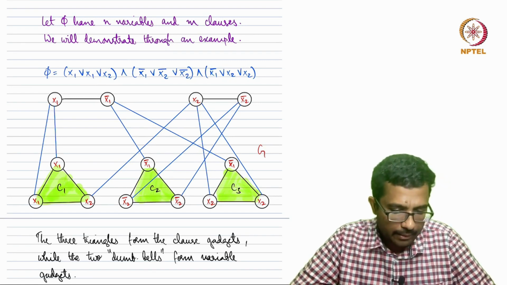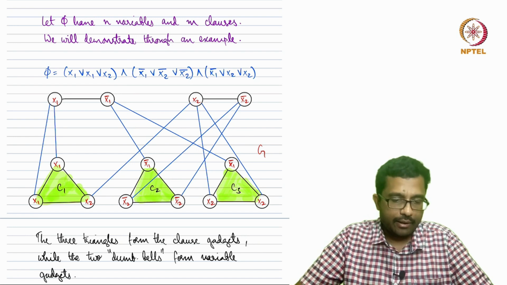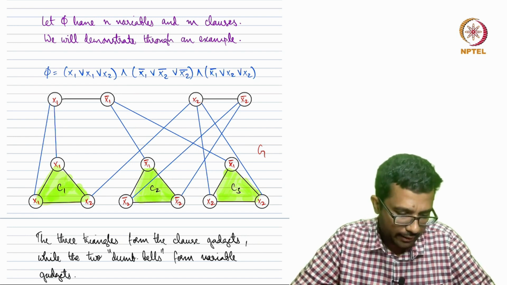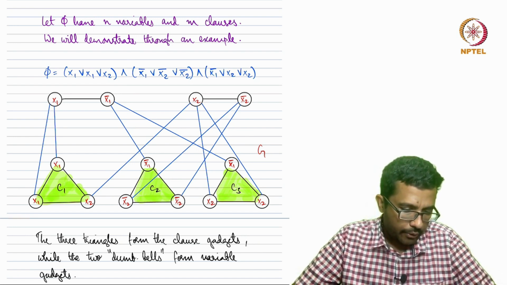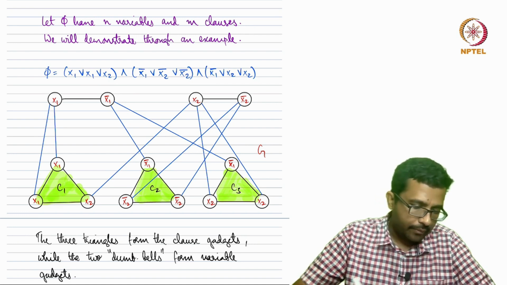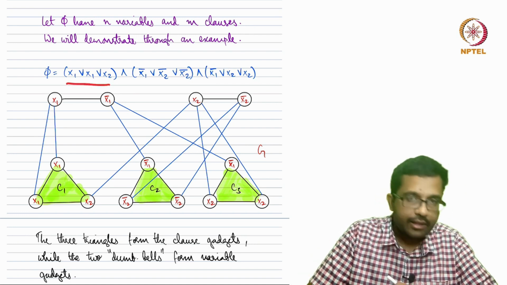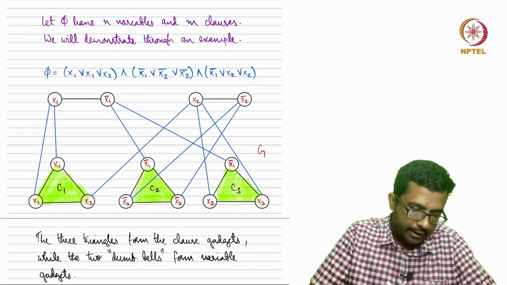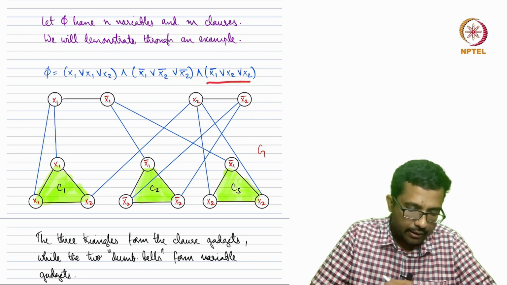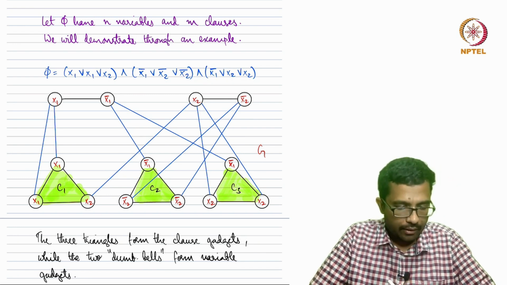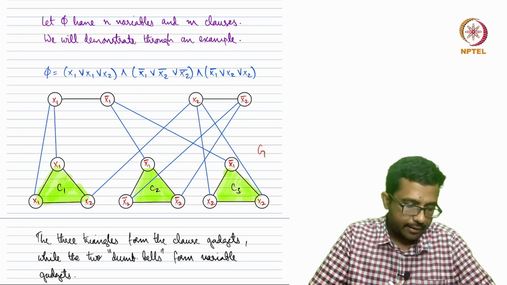Maybe we can explain with the help of this particular instance, right? So is this formula satisfiable? Setting x1 to be true satisfies the first clause, and setting x2 to be false satisfies the second clause. But then with x1 true and x2 false, the third clause is not satisfied. So we have to take another strategy.